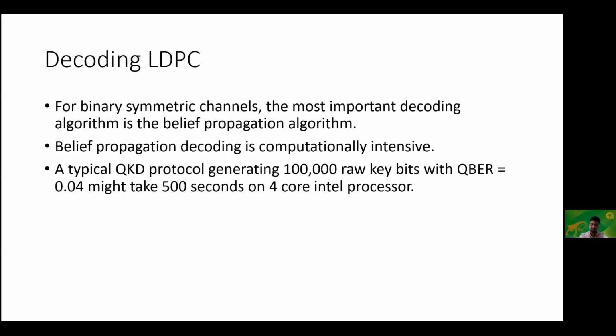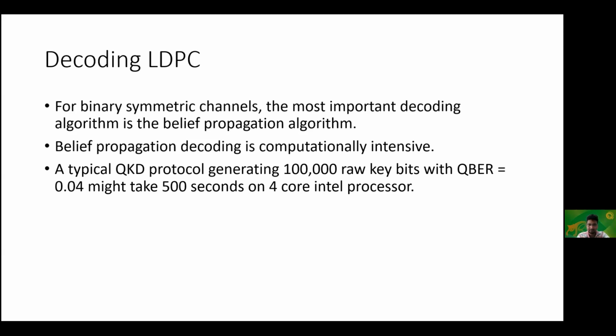Now, for example, for the binary symmetric channel, the most important algorithm is a belief propagation algorithm, which has some similarity with neural network training. But this is very computationally intensive and you don't want to do it all the time.